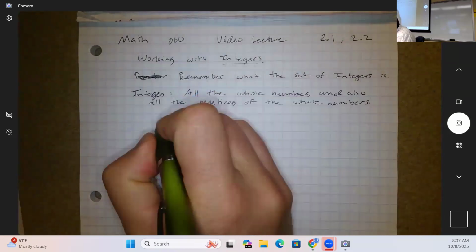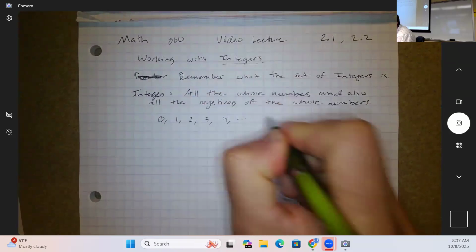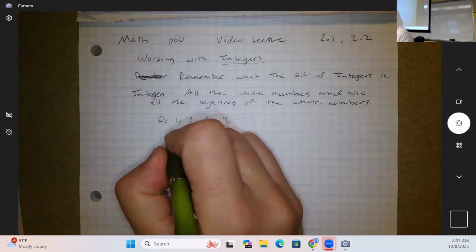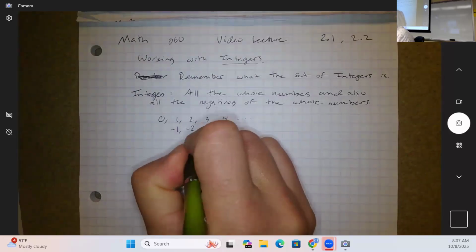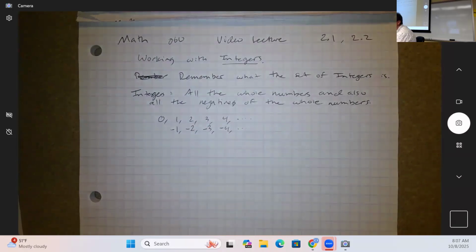So the whole numbers are 0, 1, 2, 3, 4, forever and ever. And then we include in that the negatives, all of those. So we include -1, -2, -3, -4, forever and ever. 0 is neither positive nor negative. It's just 0. So there is no -0.